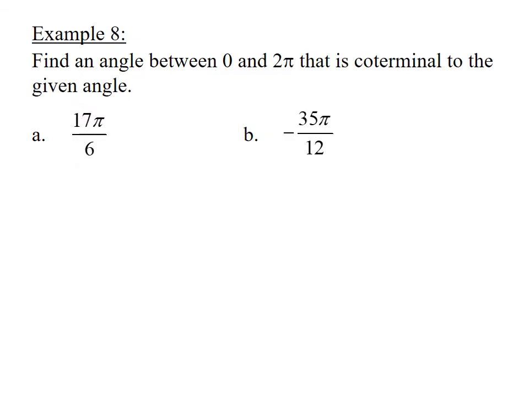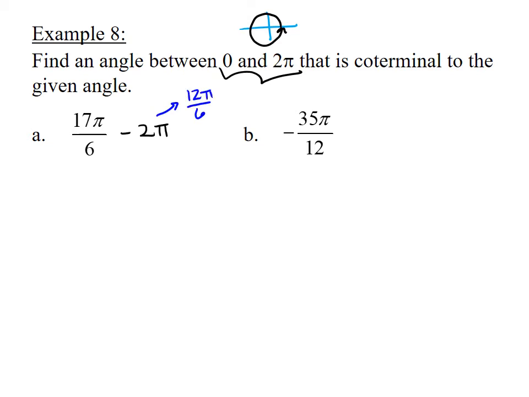So here, remember, 1 full revolution in radians is 2 pi. So now we want an angle measure between 0 and 2 pi. If this is positive, I'm going to subtract 2 pi until I have some fraction between 0 and 2 pi. Now I notice that in part A, my denominator is 6, so I want to rewrite this with a denominator of 6.